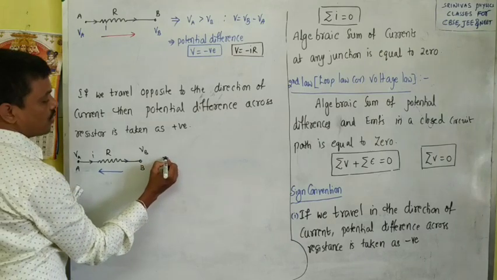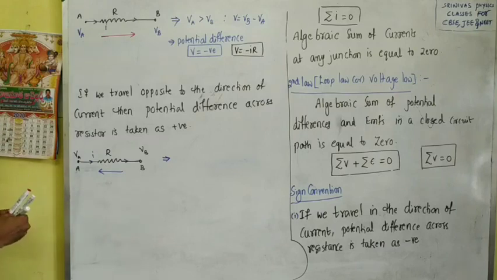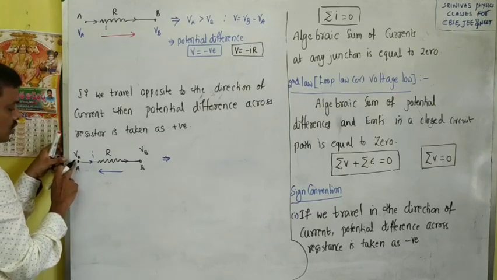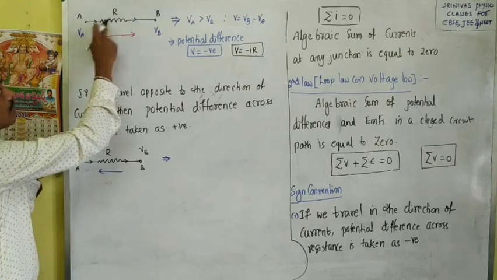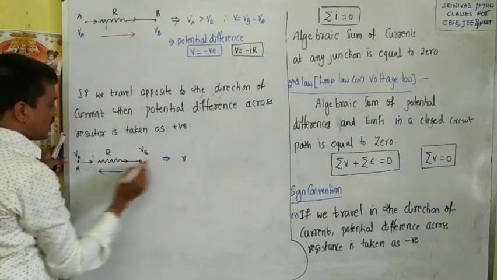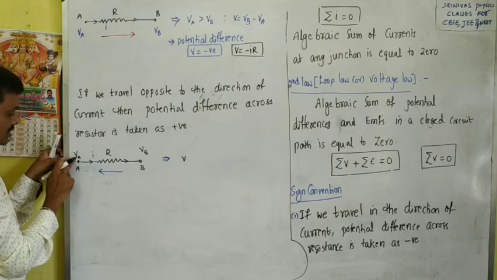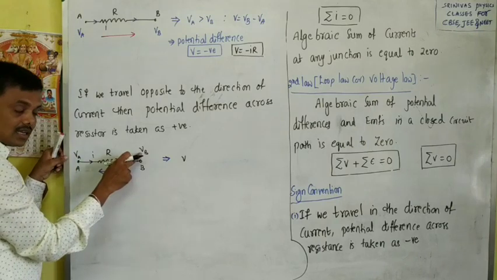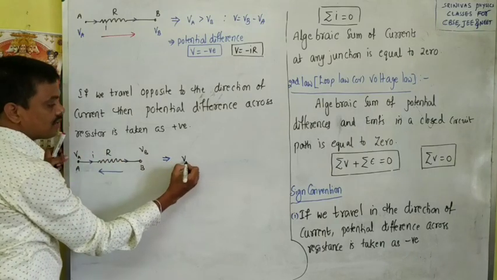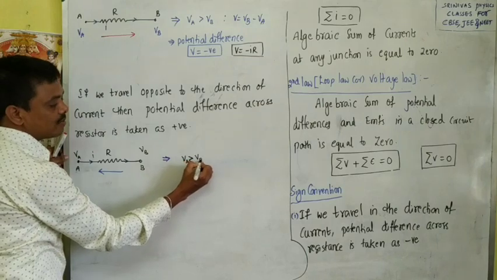And then at that moment what happens here? How to write all these things? The same thing, current flows from A to B, the same diagram I said. That means current flows from high potential to low potential. That means here potential is more, here potential is less. Then VA is greater than VB.